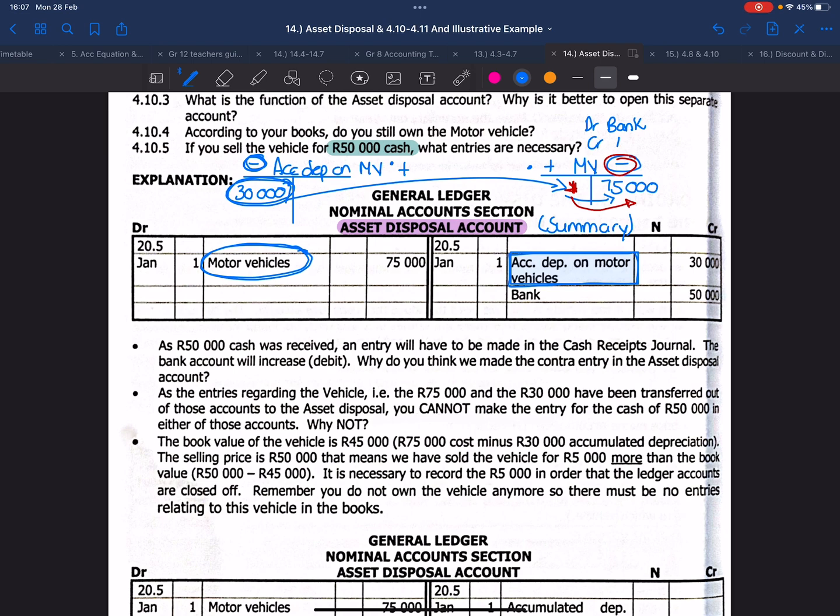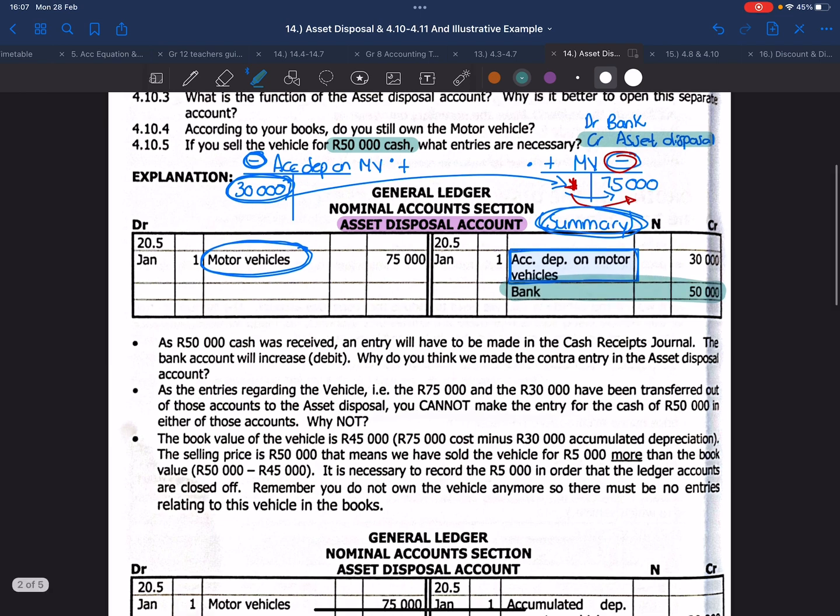So you would debit your bank and credit your asset disposal, because we said our asset disposal is a summary of everything that took place relating to the sale of an asset. So you would then credit your asset disposal with the amount that you sold the asset for.